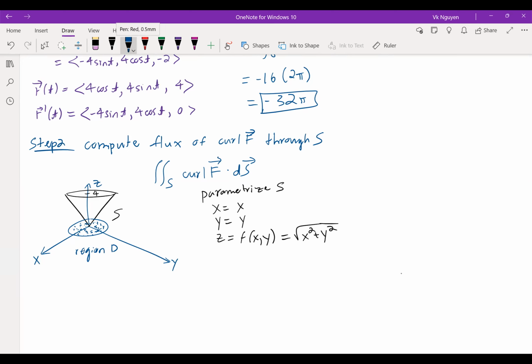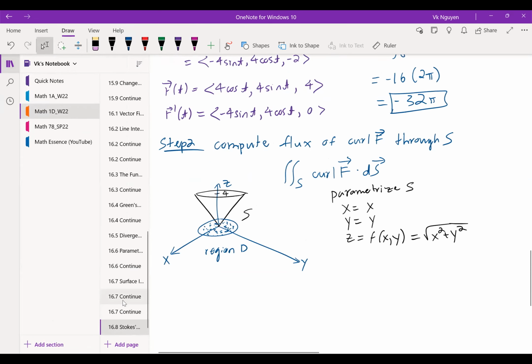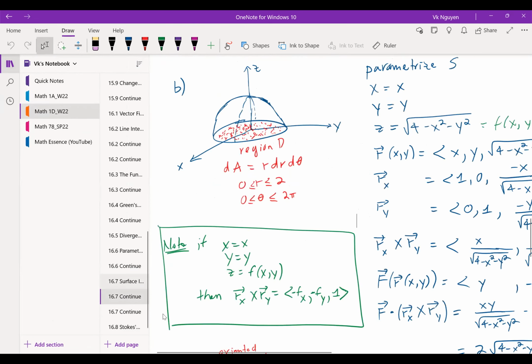Okay, we have to do more though. The reason why it's more is because it's curl F dot dS. So last time we already did it, so use it. Remember I told you guys last time. And you don't have to overkill yourself. Yeah, this one right here.